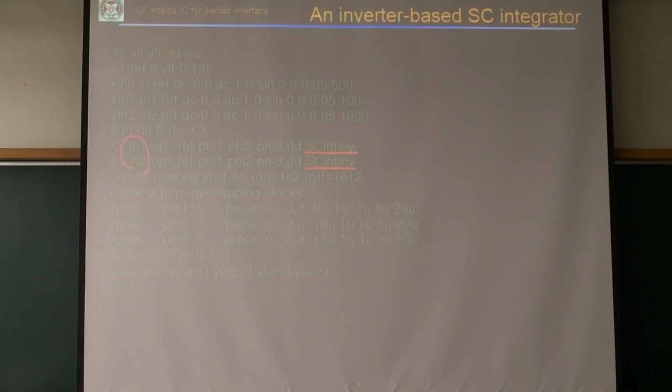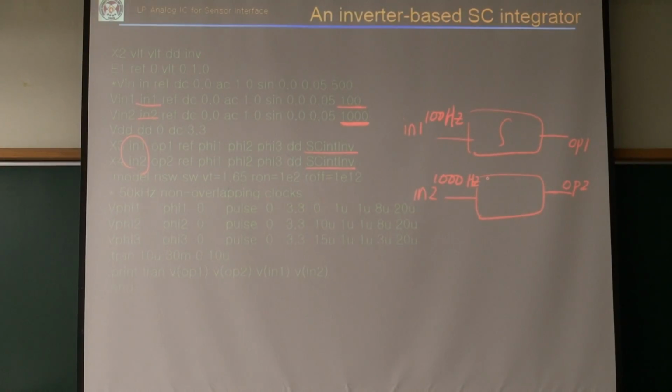Oh, yeah. Because I want to change the frequency, right? One is 100 Hz, one is 1 kilohertz. So I have 2 switch capacitor integrators, with the input of one is in1, O1, OP1, and the other into OP2. So here I used a 100 Hz sine wave, and this is a 1 kilohertz sine wave input there, right?